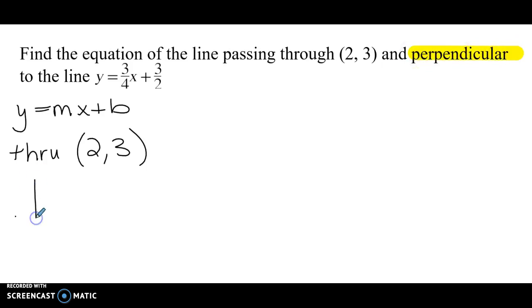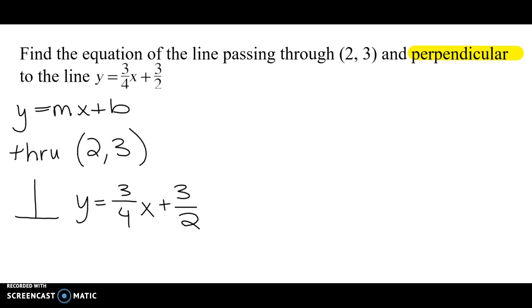The perpendicular sign is that, you need to remember that upside down T. So perpendicular to y equals 3/4 x plus 3/2. So think of what you might do differently. It's very similar, but there's one difference between this problem and the problem we just did. Everything else is the same. So see if you can kind of get to the end there.